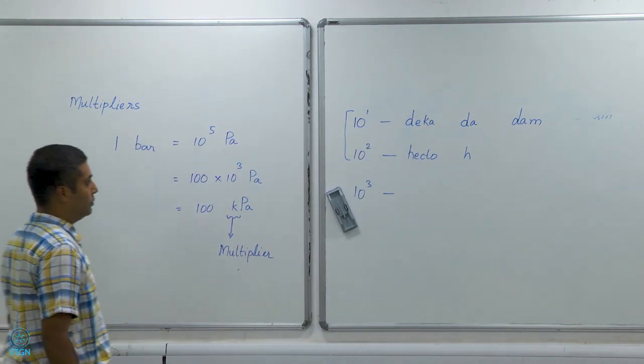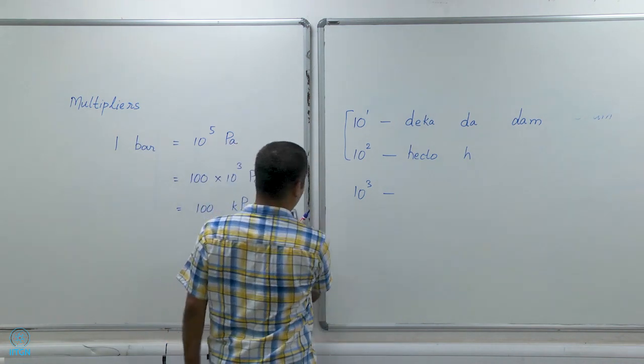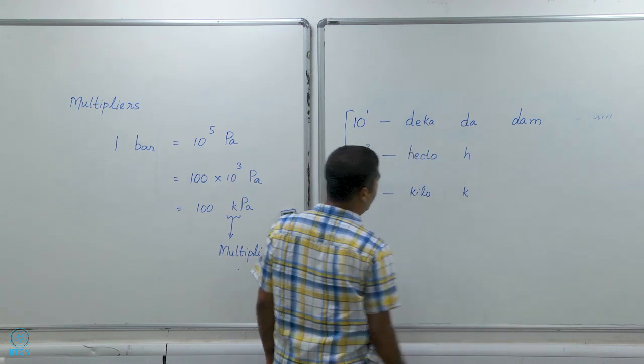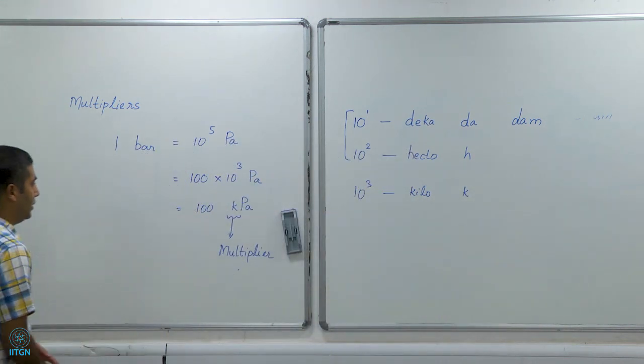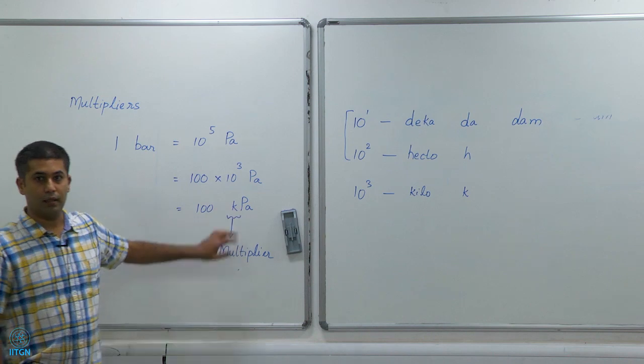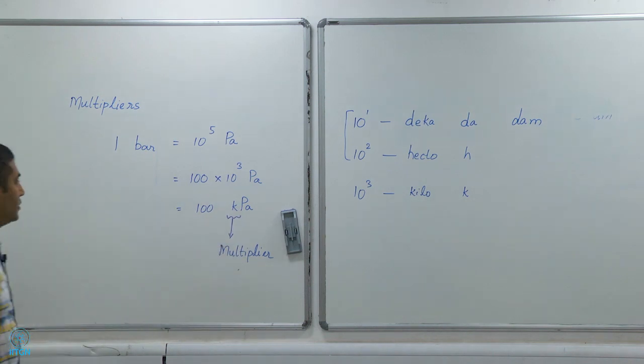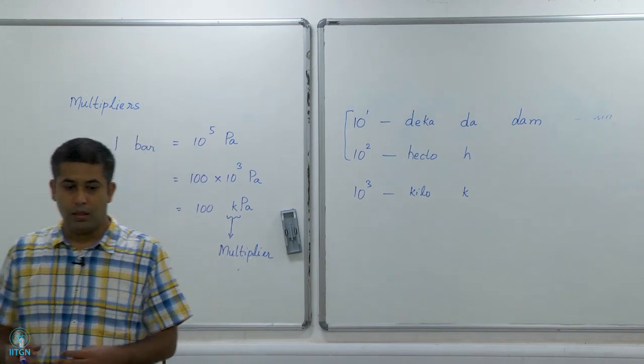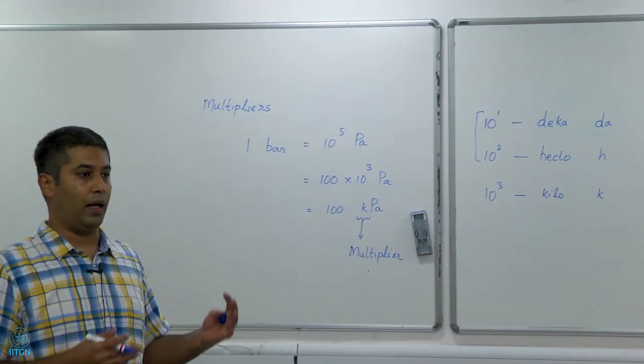So, we do not worry too much about that. 10 power 3 is kilo, and the multiplier designation is K, the same K that I used in the 100 kilopascal, right, and the same K that we use when we say the distance between Ahmedabad and Mumbai is, let us say, 800 kilometers.